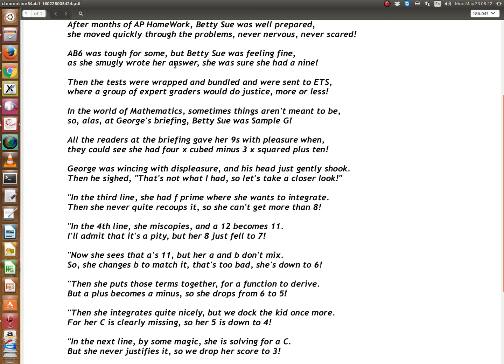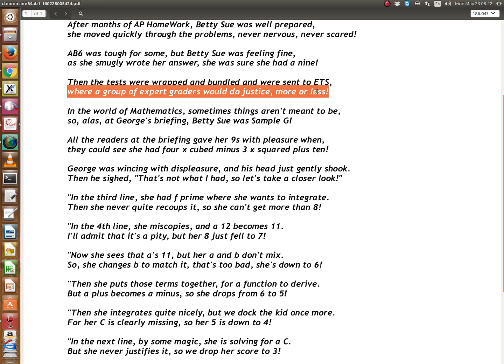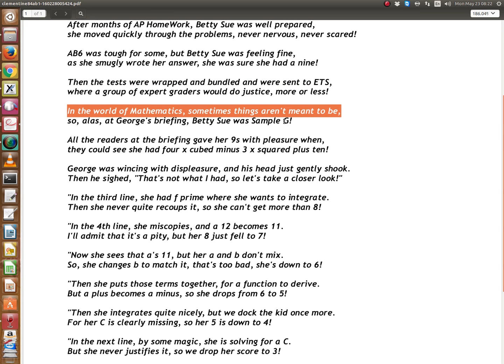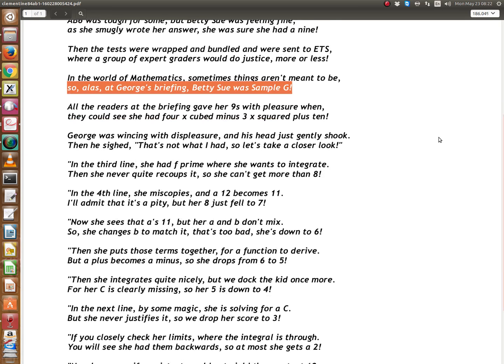Number 6 was tough for some, but Betty Sue was feeling fine. As she smugly wrote her answer, she was sure she had a thing. Then the tests were wrapped and bundled and were sent to ETS, where a group of expert graders would do justice, more or less. In the world of mathematics, sometimes things are meant to be. So alas, at George's briefing, Betty Sue was sample G.